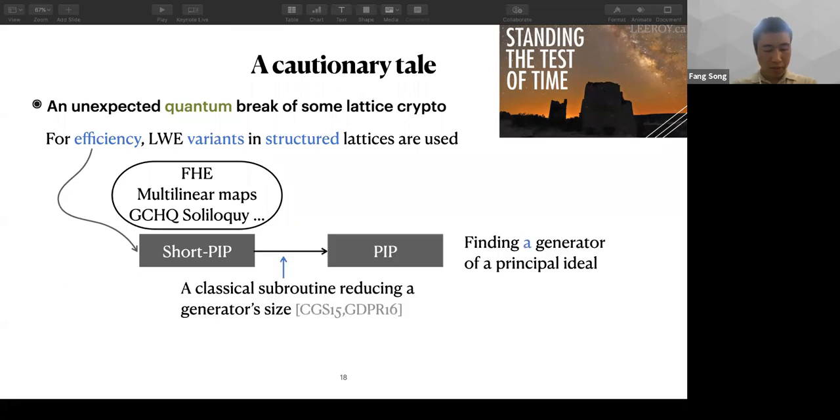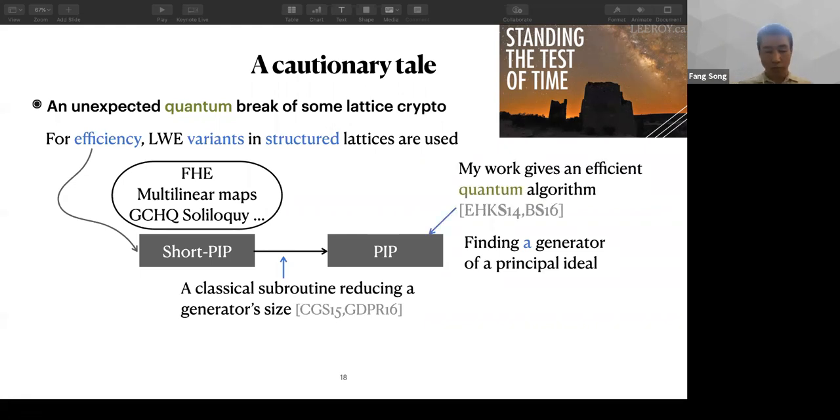Okay. So people found that, in fact, once you have a generator, then you can effectively reduce the size to find a short generator. So that means the difficulty solely relies on finding an arbitrary generator. So this is the principal ideal problem, PIP.